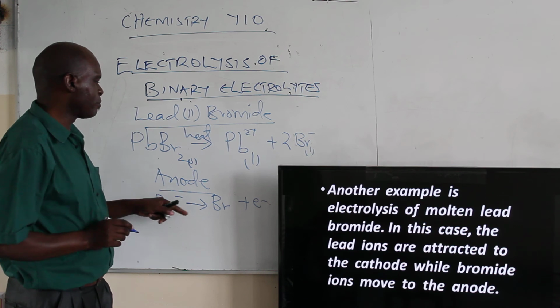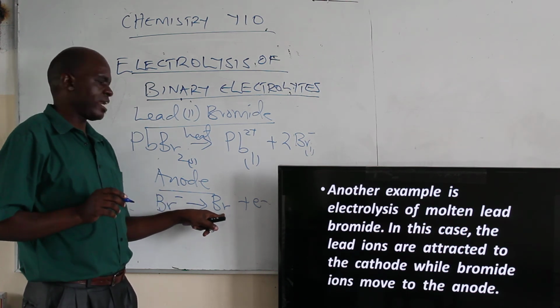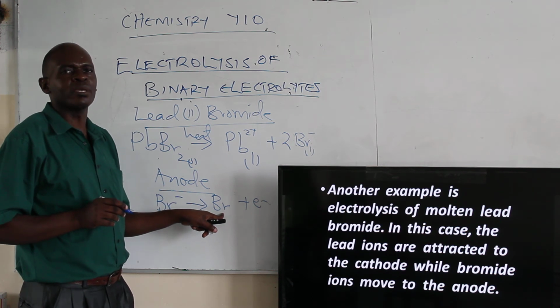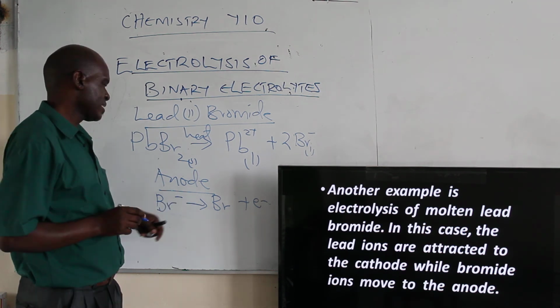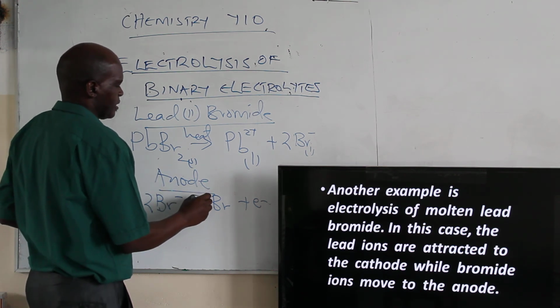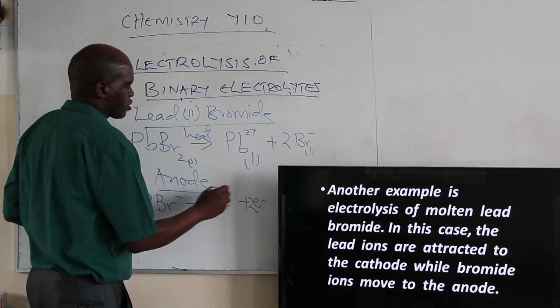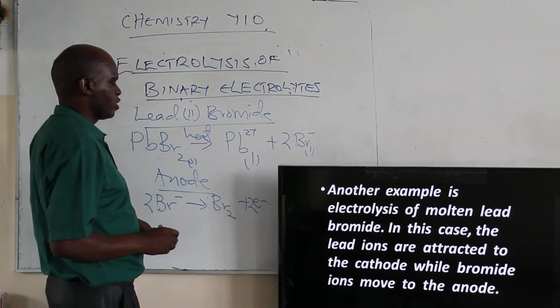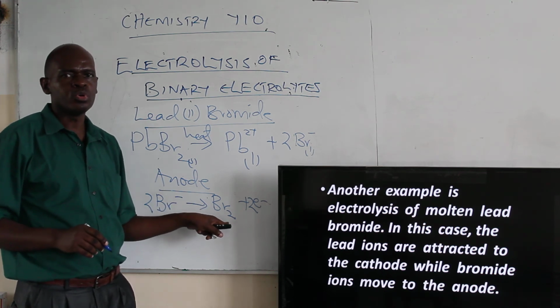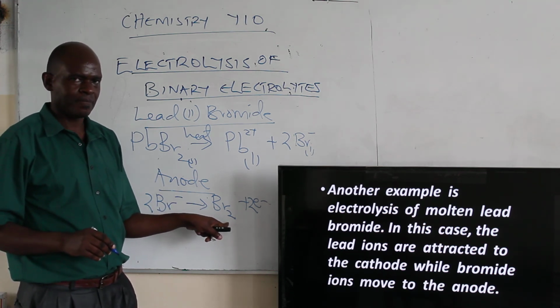But don't forget that bromine is a molecule, it exists in molecular form. It's a diatomic molecule. So because of that, we shall have two bromide ions giving out two electrons, resulting in the formation of a molecule of bromine, Br2.